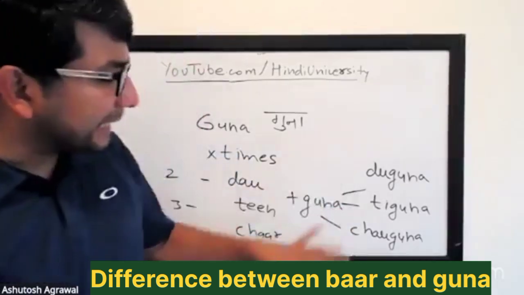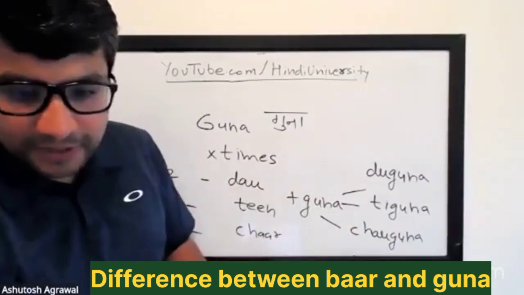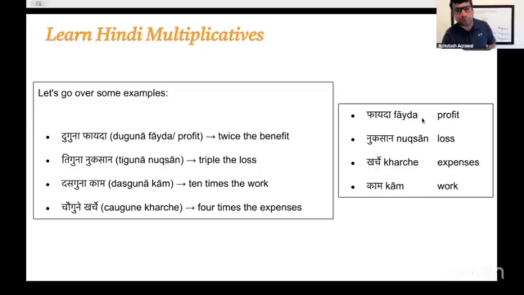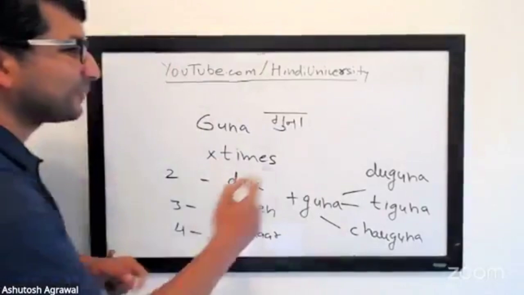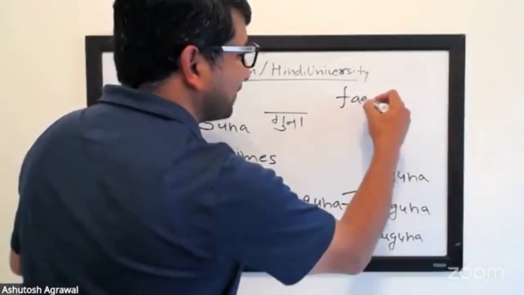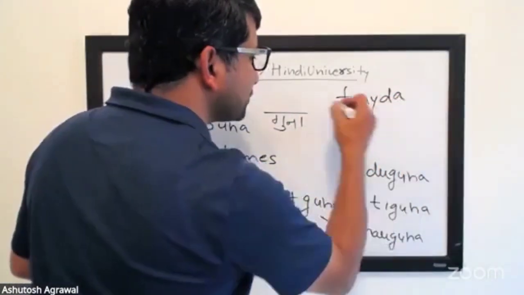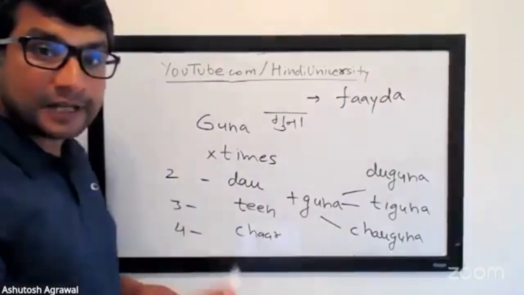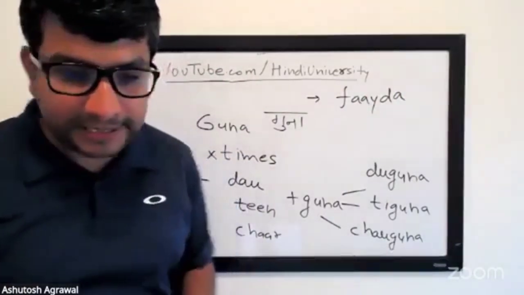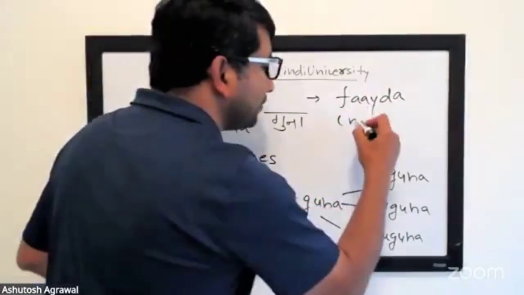Any questions on the basics so far? Anyone? What is the Hindi word for profit? Faida. We also use the word munafa, which is derived from Urdu but is pretty common in Hindi as well. Faida or munafa.